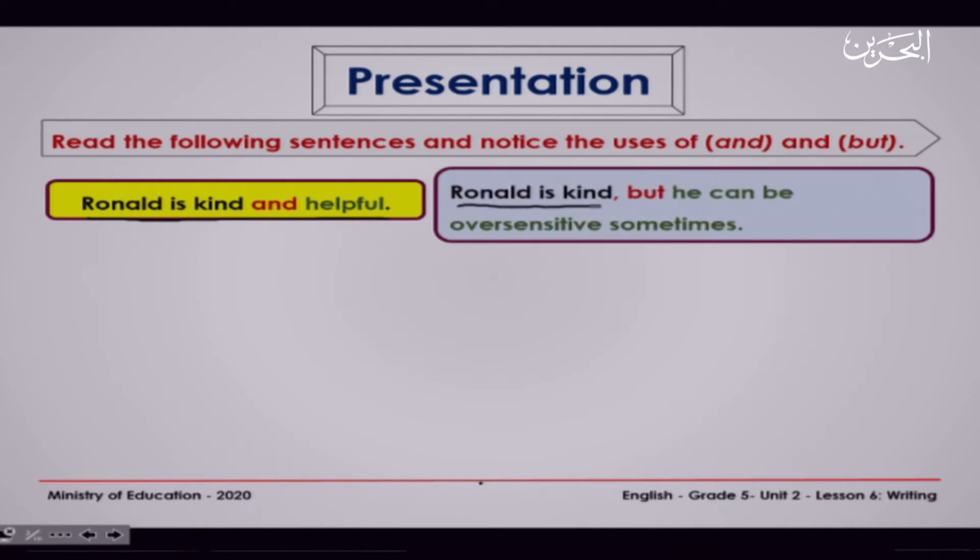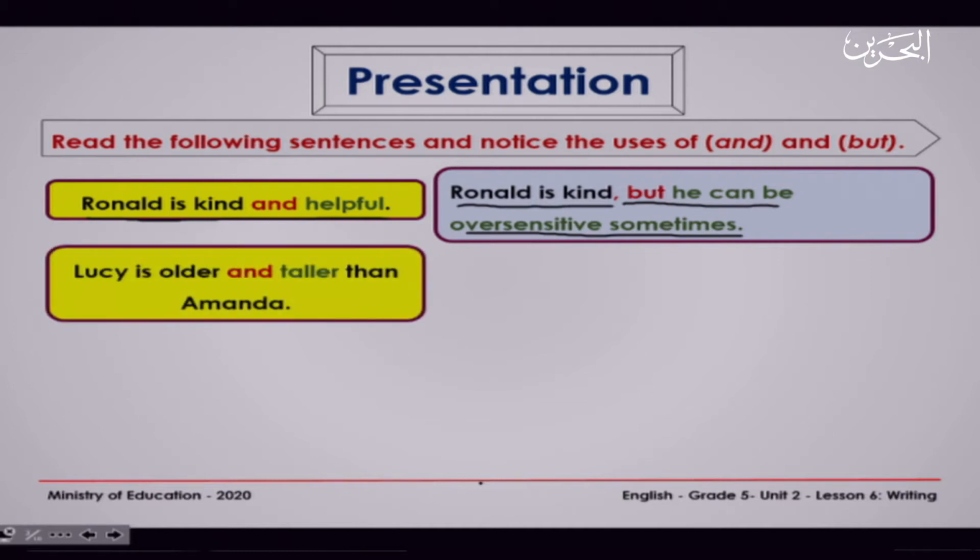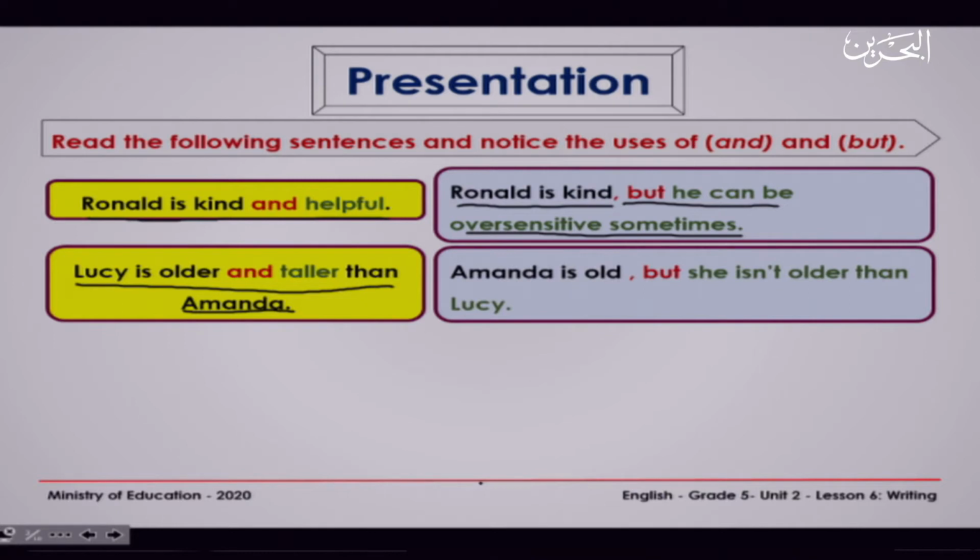Ronald is kind, but he can be oversensitive sometimes. Lucy is older and taller than Amanda. Amanda is old, but she isn't older than Lucy.